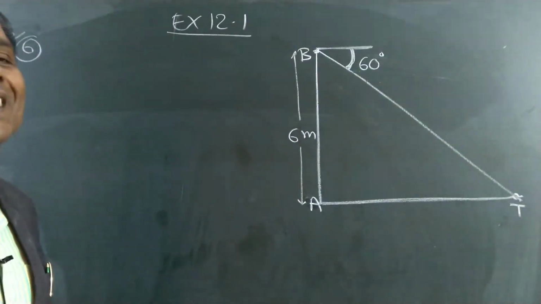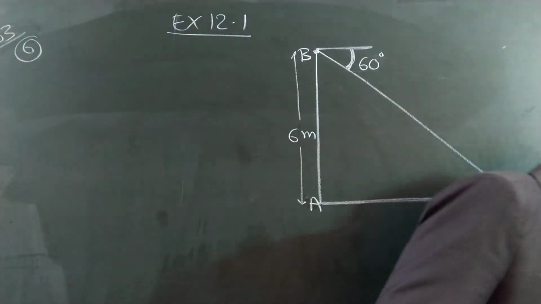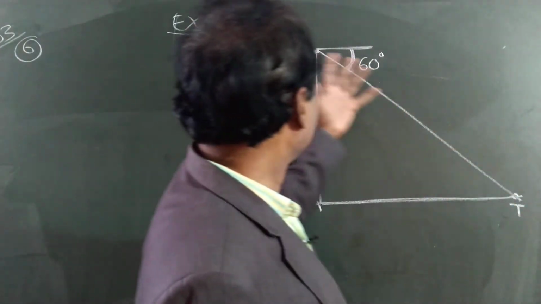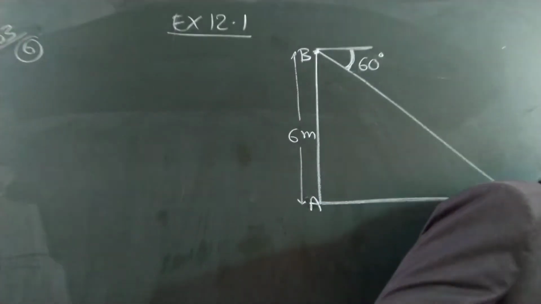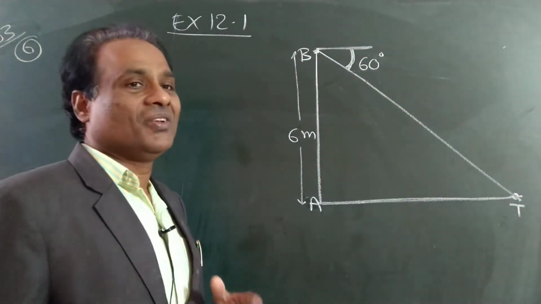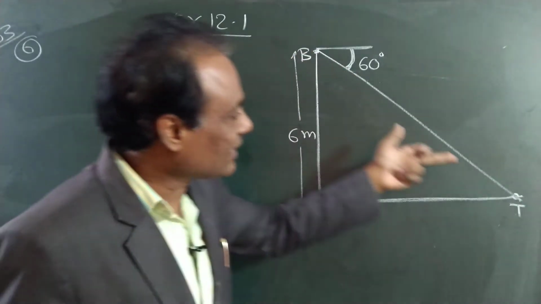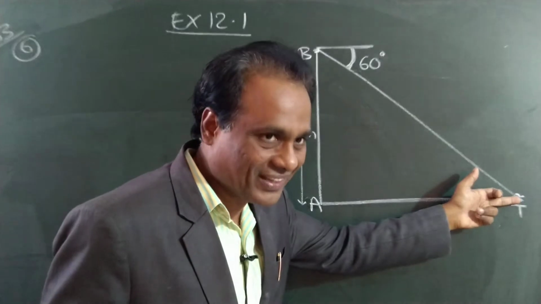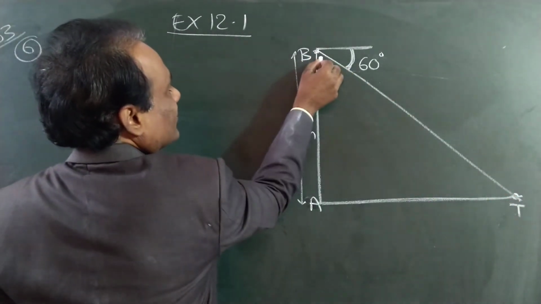The question is, see the question, what is asked? This data is introduced in the figure, but what is asked? What is the distance between you and the object? Where are you? You are here. Object is here. Target is here.